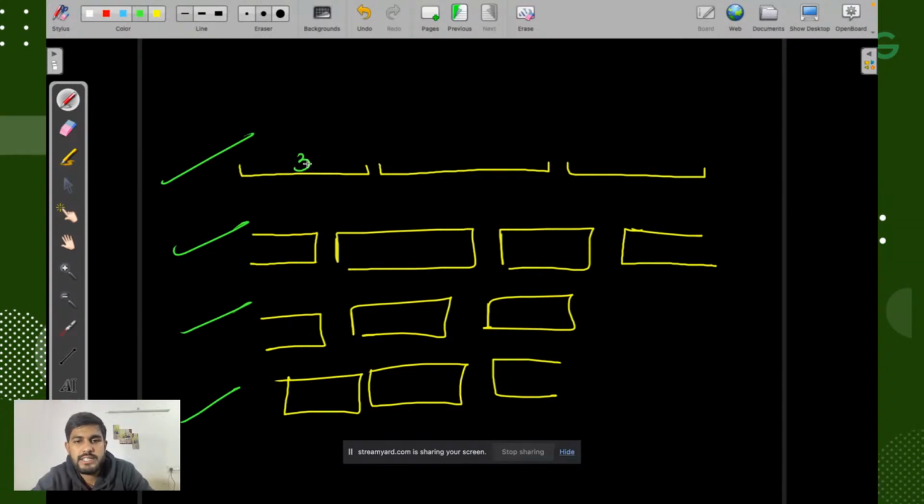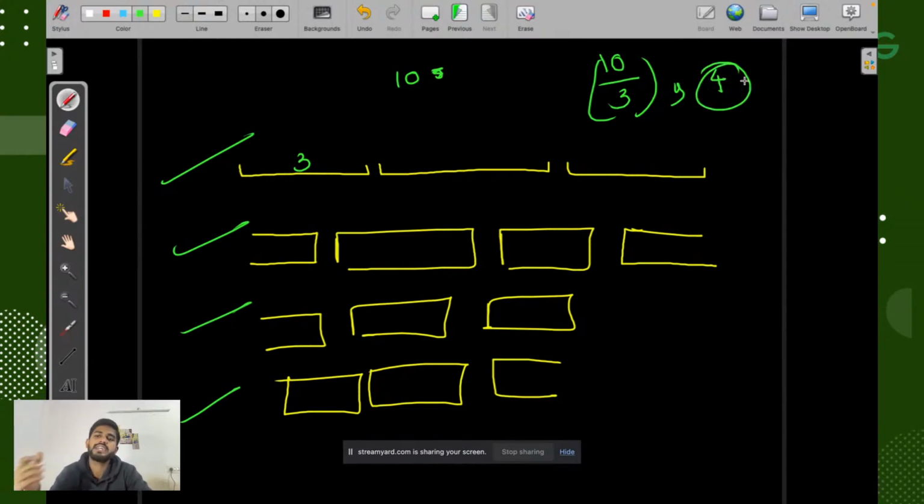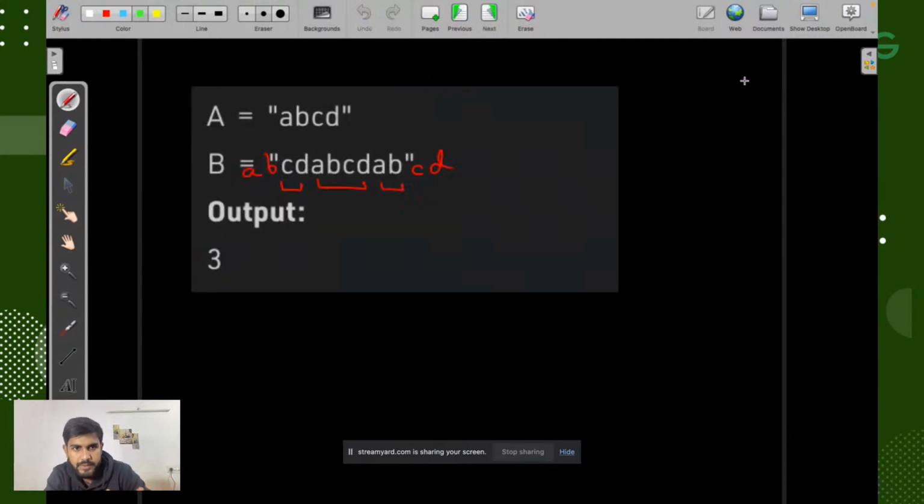Suppose this length is 3 and this length is 10. So 10 divided by 3, its ceil value would be 4, from 3.33. That means that a length of 3 is being repeated 4 times. So it is the total length divided by the length of A.